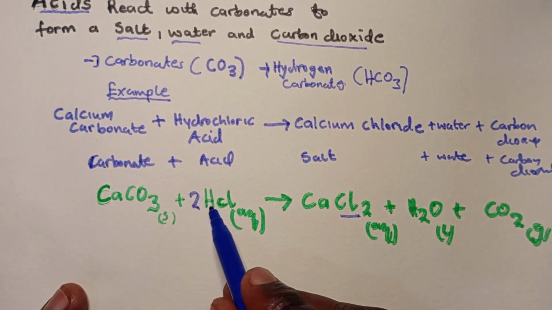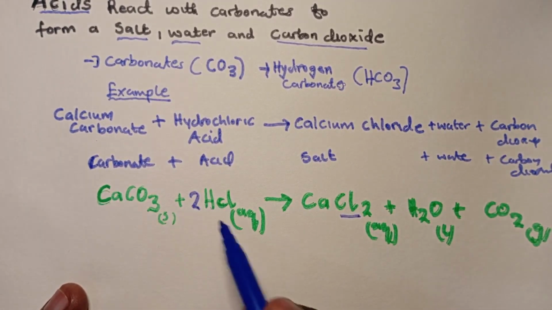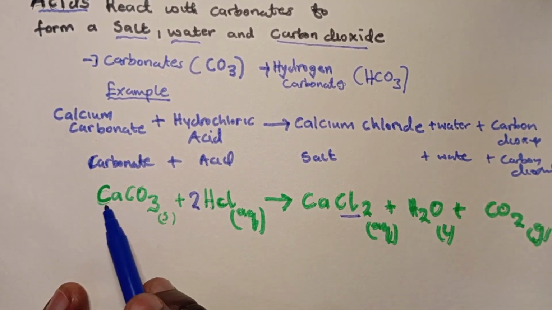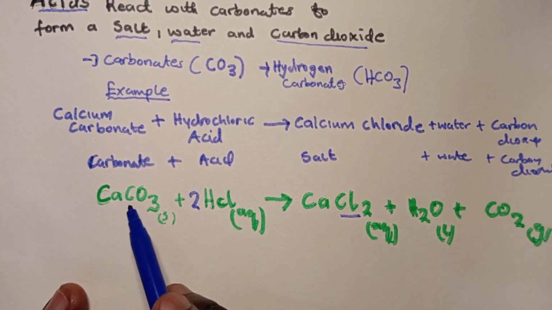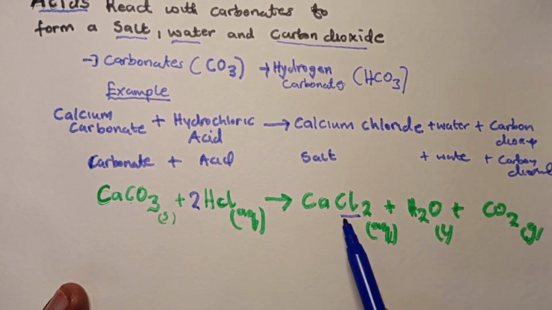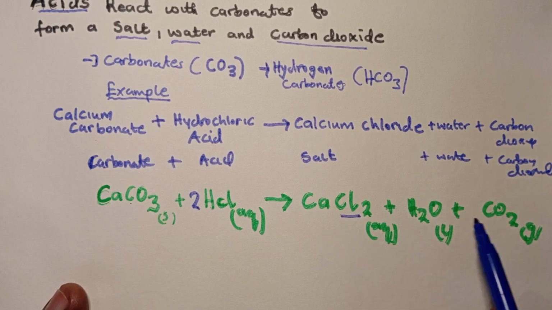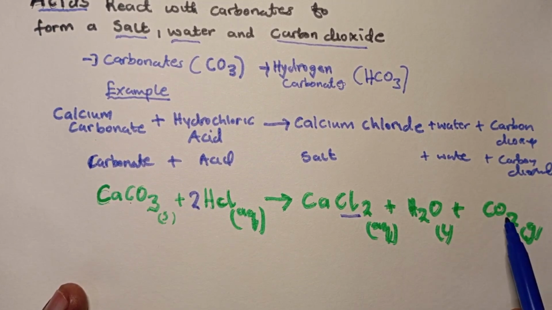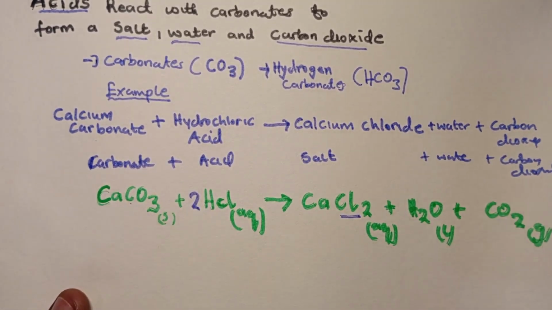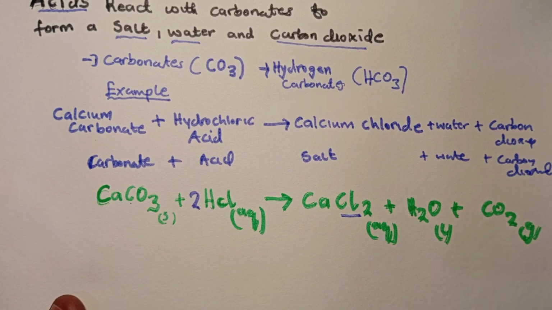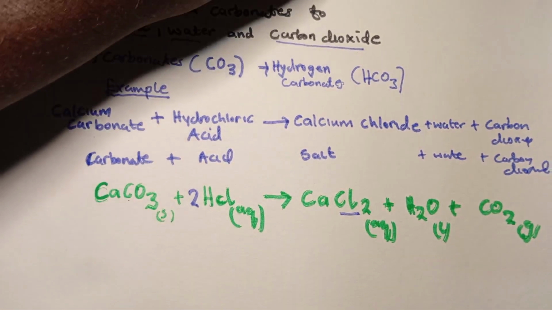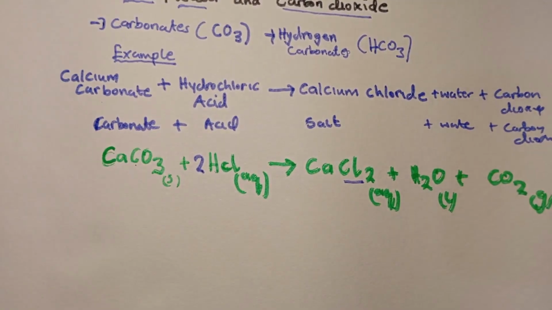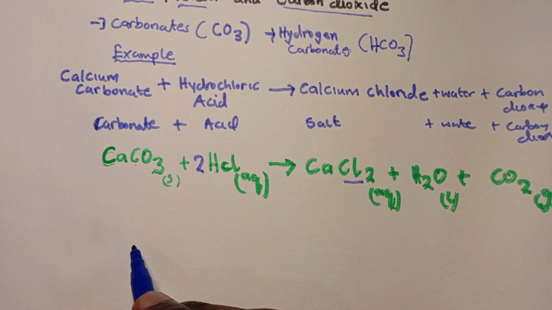This makes two hydrogen atoms and two chloride atoms, two again on the other side. Calcium is balanced, carbon 1, carbon 1 here. Oxygen here there are 3, oxygen 2 plus 1, 3, so everything is balanced. The equation at this point is balanced.